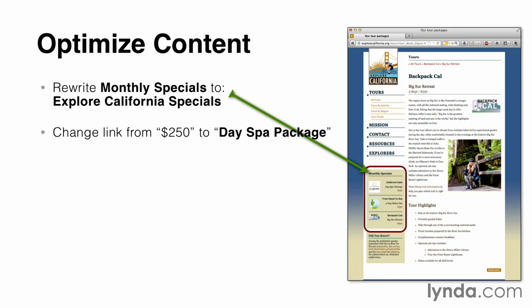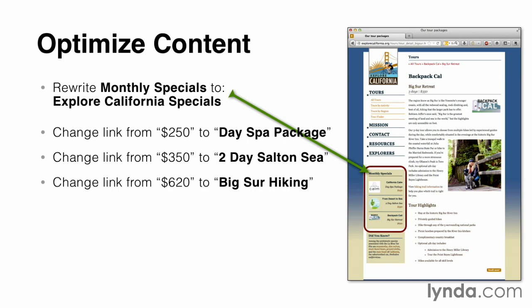So rather than using the price as the link, I want to use the words as the link, because those are the words that people will be looking for. And so I just go down and change the price as the link to the special as the link. And that will enable me to build quality links within my content and also be more clear when directing people from one page to the next as they go through the website.